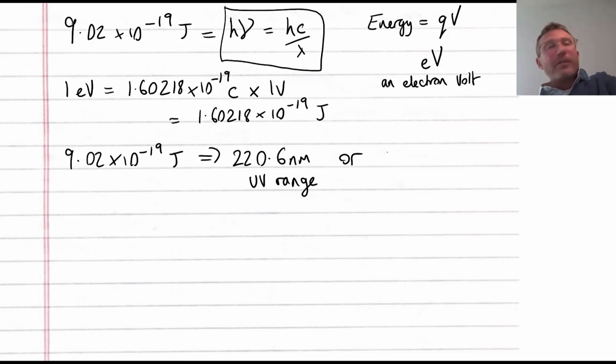Or, and test this out for yourself, this is 5.63 electron volts. And the point here is that we typically measure electronic transitions in the ultraviolet range or the visible range, and you'll do something similar in your physical chemistry lab, where you're actually going to use this approach to compare the theoretical answer with a measured experimental value.